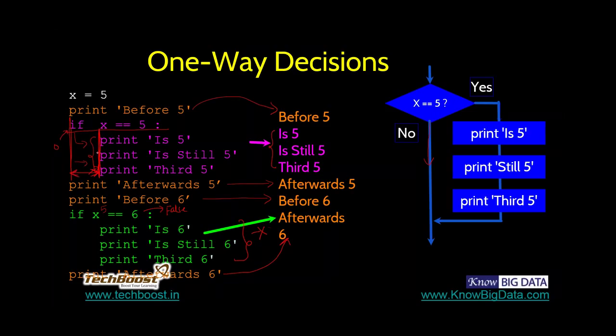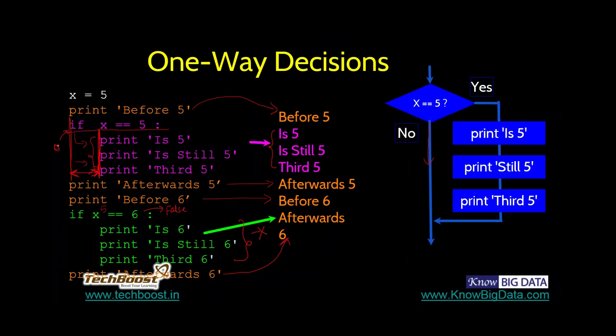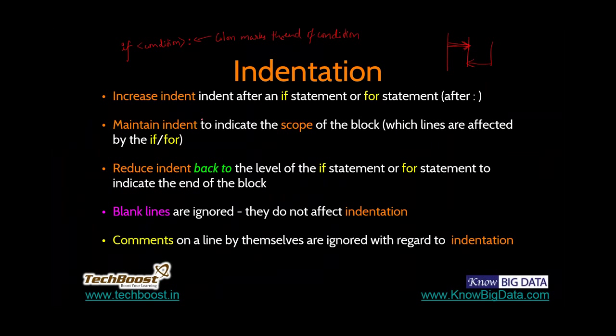This spacing is indenting, giving a space. This is called indentation. So we are trying to increase the indent after every if statement. See, the indentation was 0. After the if condition, it became 4, because the standard indentation is 4 spaces. The ideal indentation is 1 indent equals 4 spaces. This is what the Python standard says. You need to give 4 spaces for indenting your code.